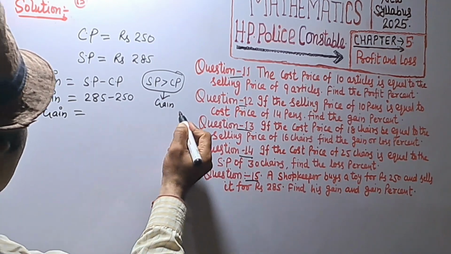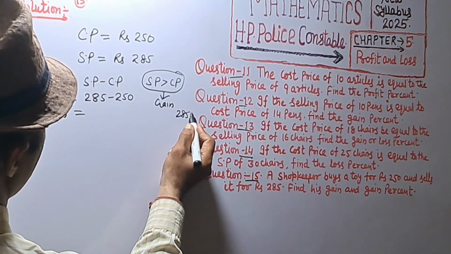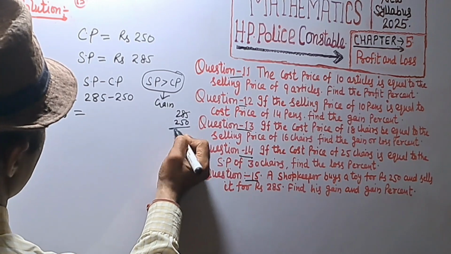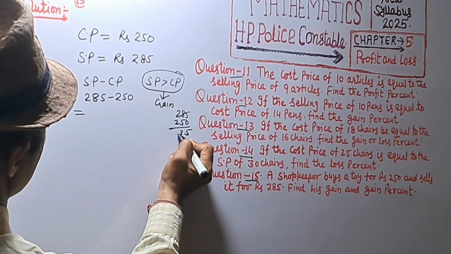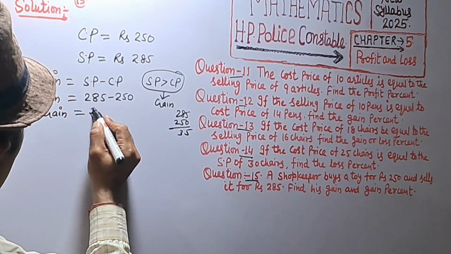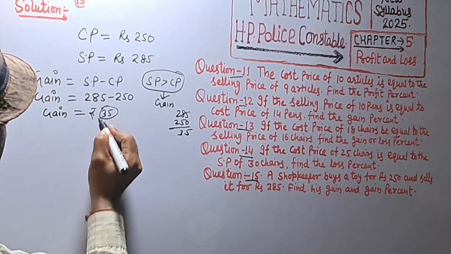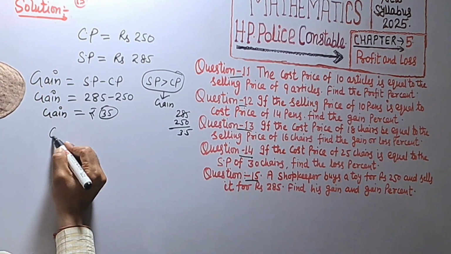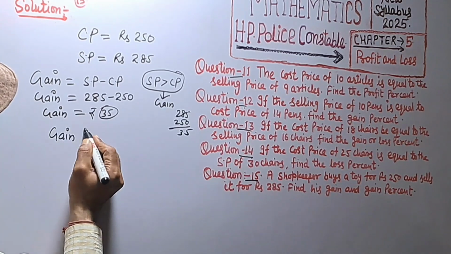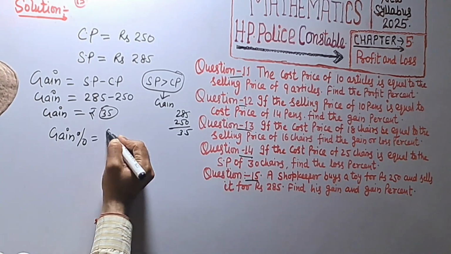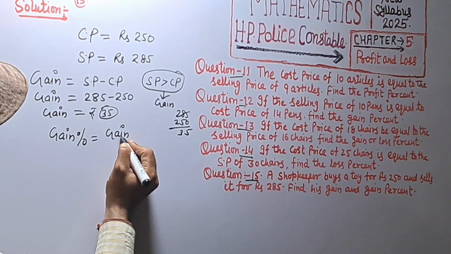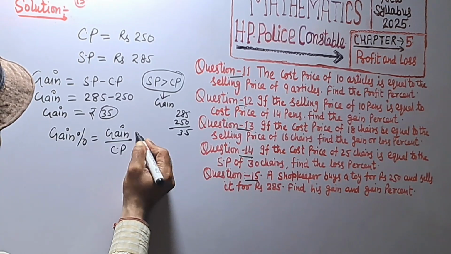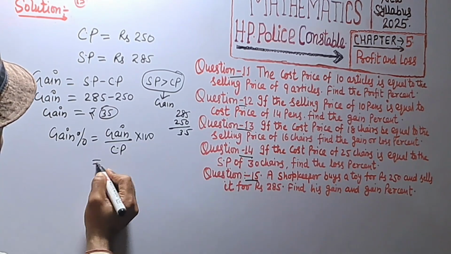That is 285 minus 250, 35 rupees. Gain equal to 35 rupees. And gain percent equal to gain upon CP multiplied by 100.